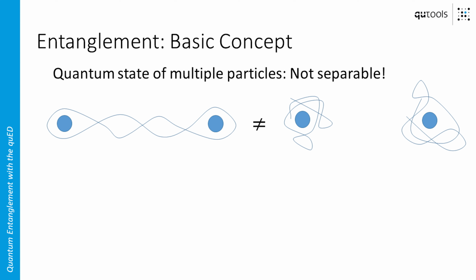In quantum theory, a state describing the properties of multiple particles is called entangled when you cannot separate the state. That means that you cannot look at each particle on their own separately with all their properties and combine them afterwards into a single state.